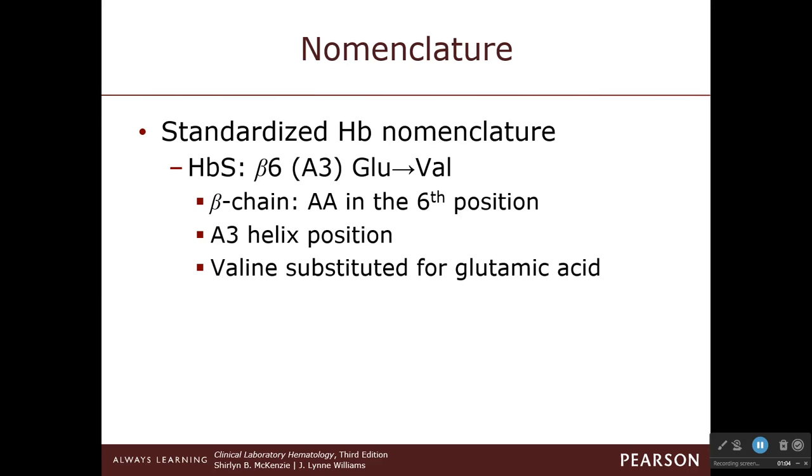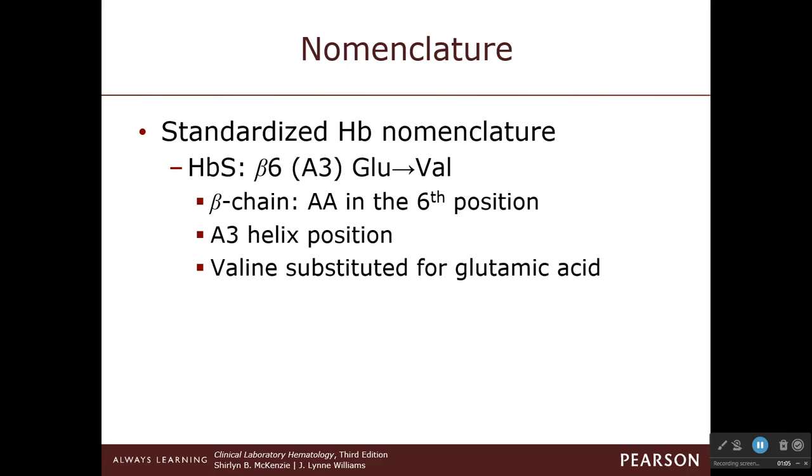This is the new nomenclature for hemoglobin S. If I ask you on a test, what is the new nomenclature for hemoglobin S, you're going to tell me beta 6, the 6th position of the beta chain in the A3 helix, glutamic acid is replaced by valine.